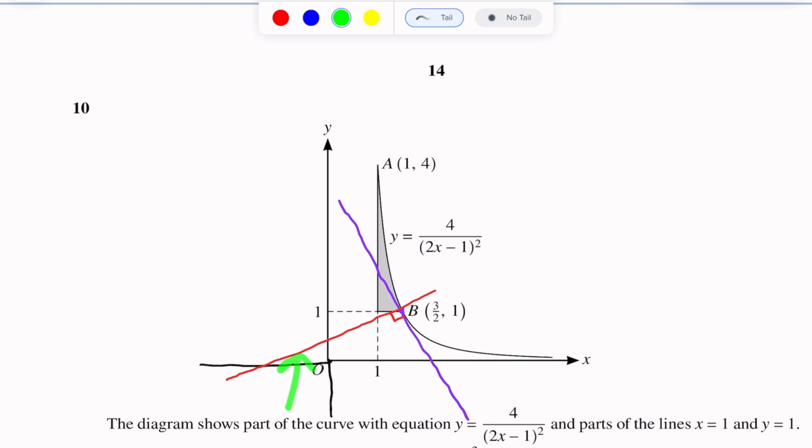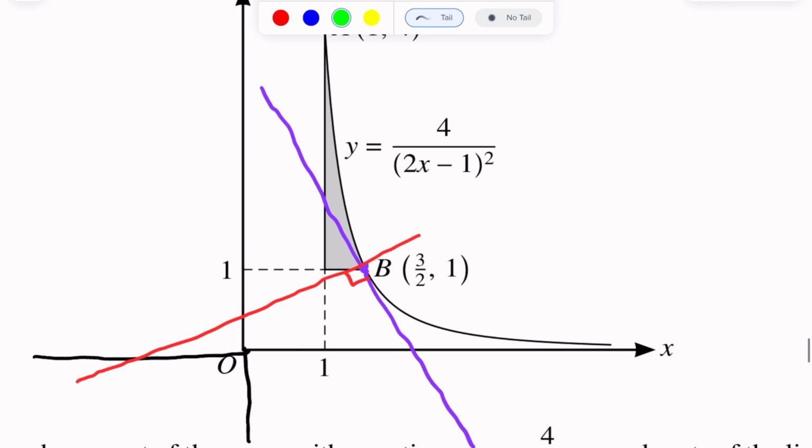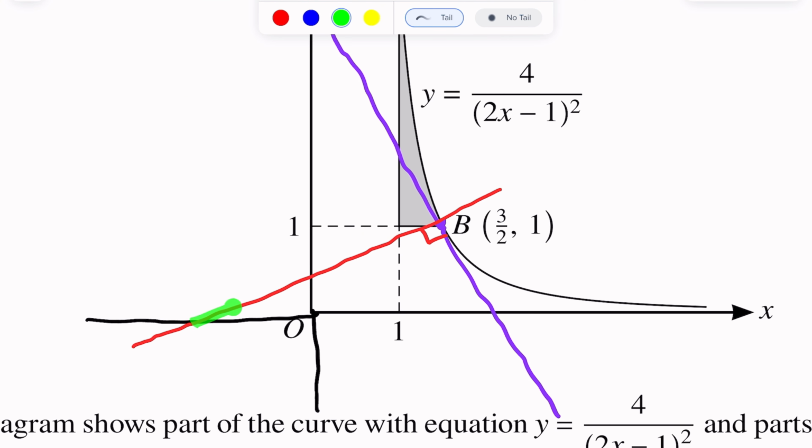This line is normal, this line is tangent, and this is the x-axis. So this is the required triangle, the area of which we have to find. This is a right angle triangle. So we will find the area of this triangle.